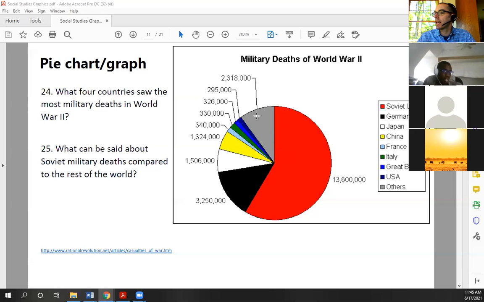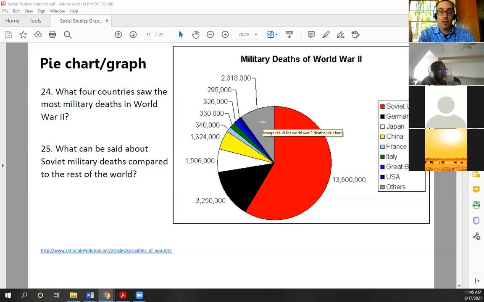Why do we not care about the gray? Because that's bigger than the yellow, bigger than the white. Why didn't anybody say that one? This is like a union. A lot of countries come together. Right, exactly.